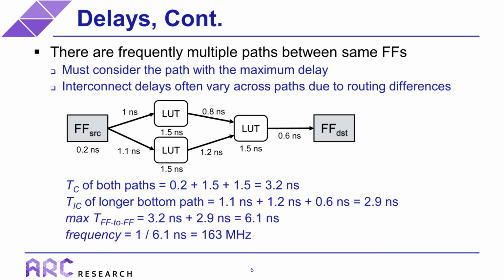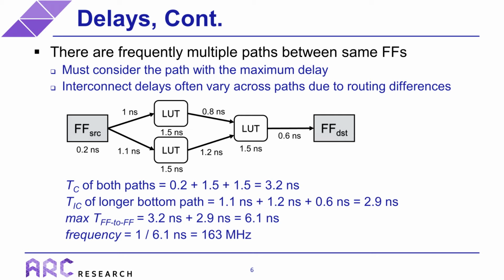However, the interconnect delays of each path are different. The bottom path has a longer interconnect delay of 2.9 nanoseconds. What this means is that we have to consider this longer path when determining the clock frequency. Now, when we sum the cell and interconnect delays of this longest path, we get a maximum delay of 6.1 nanoseconds, which corresponds to a maximum clock frequency of 163 megahertz.